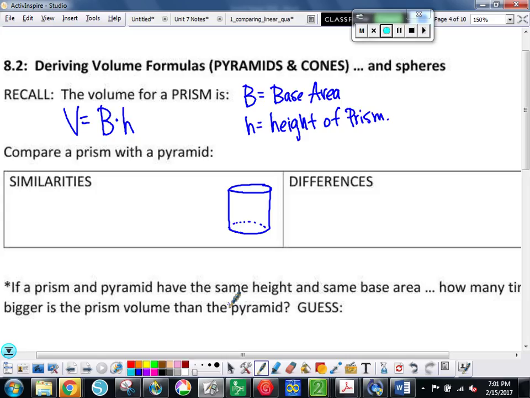If I have a pyramid, let's see how good I can do drawing this. That's what it looks like. So we've got a pyramid and I have a base. What are their similarities? Well, they both have a base. They both have a base shape. They both have a height.